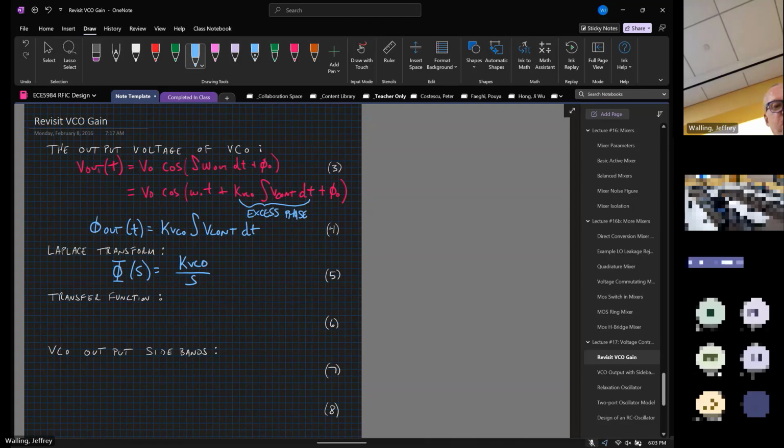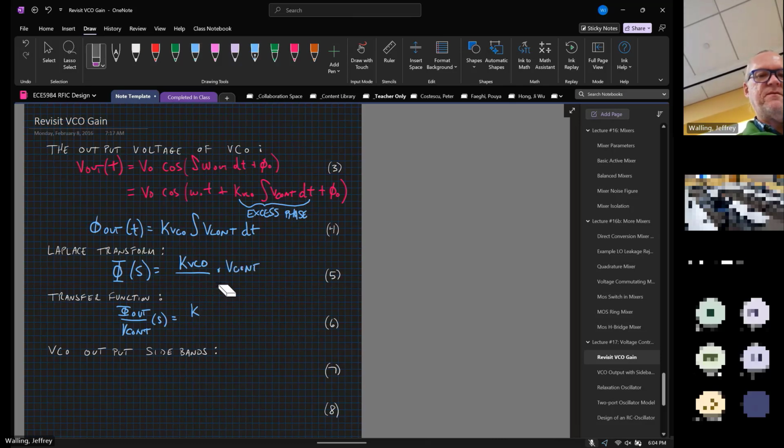Okay, so now we can write a transfer function, which we'll say is phi out over V control with respect to s is equal to K VCO over s. Oops, I forgot my V control here. There we go.